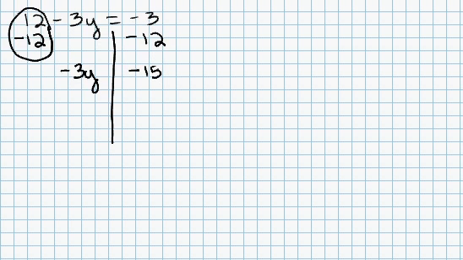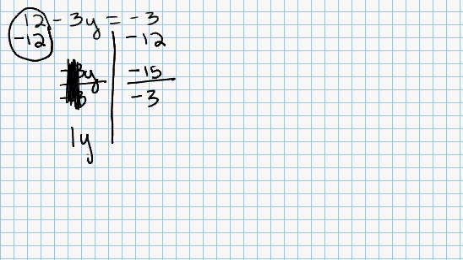Now I'm going to get to this point where I have a variable on one side and a plain number on the other side. Then I go ahead and divide. And I always want to divide by my coefficient on my variable, or the number that's sitting in front of the letter. And I want to also divide by the sign, so that when I have the same thing, negative 3 top and bottom, that gives me 1, positive 1.